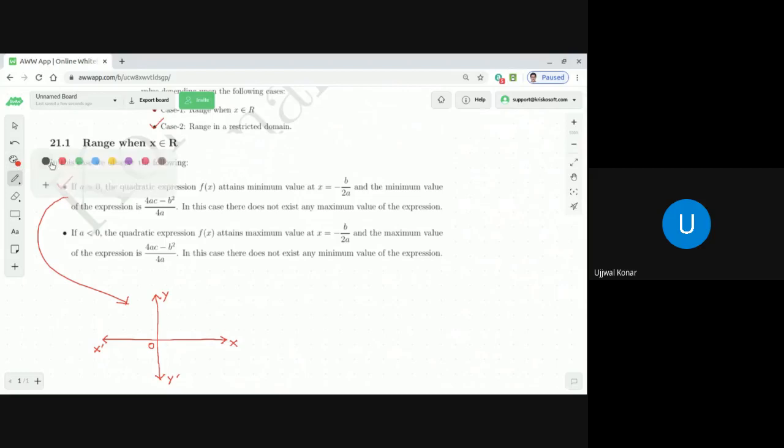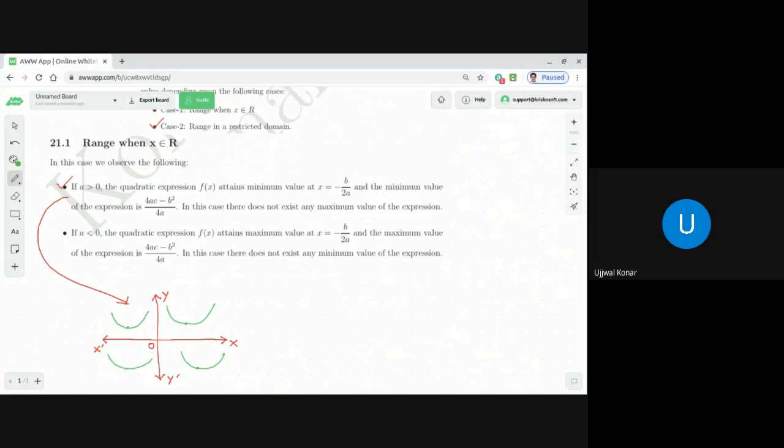So if I draw the curve, it should be something like this, or like this. It depends on, out of these four, the value of alpha and beta, where alpha, beta are the coordinates of the vertex, this point. Correct, no? So now in all these cases what we see is that it is flipped upward.